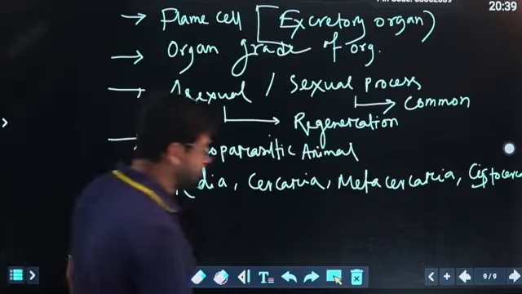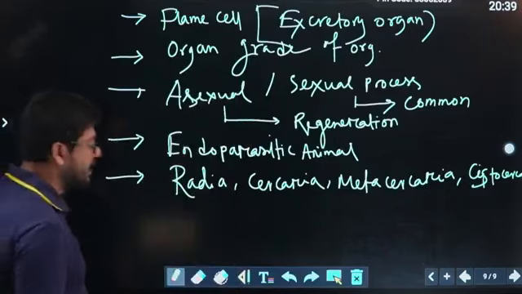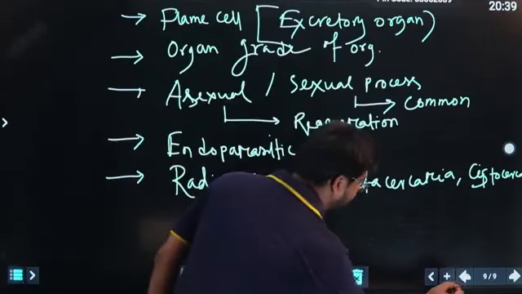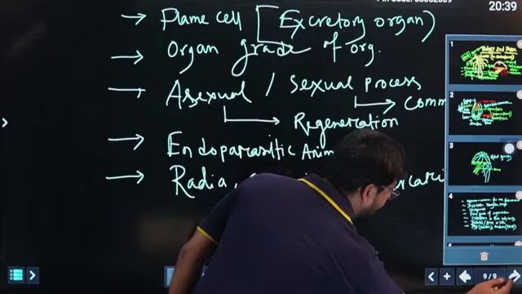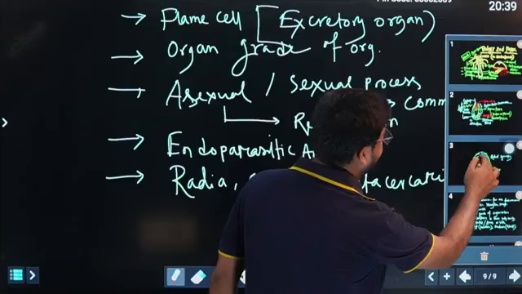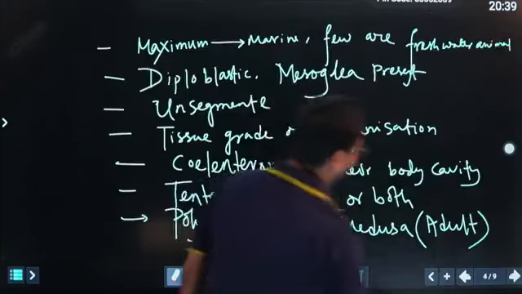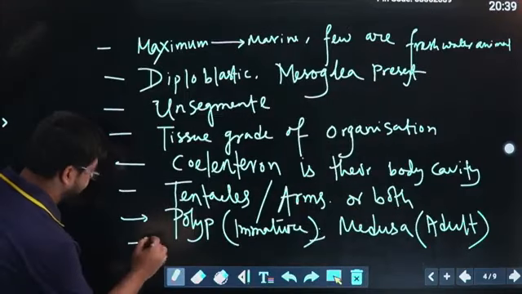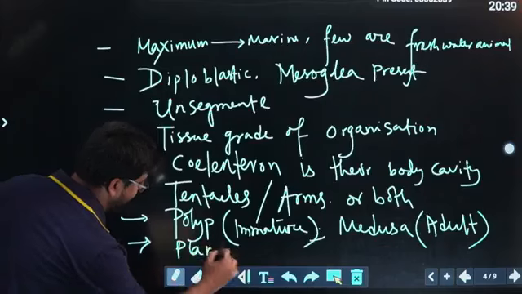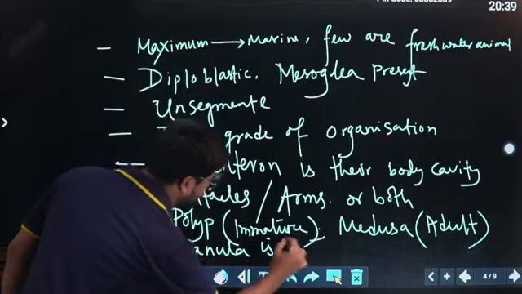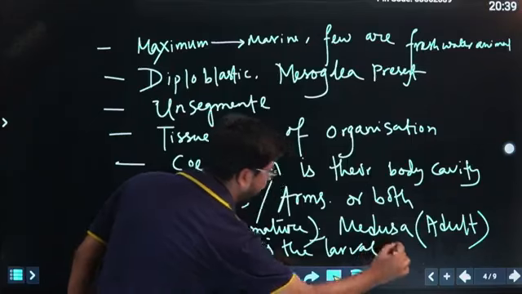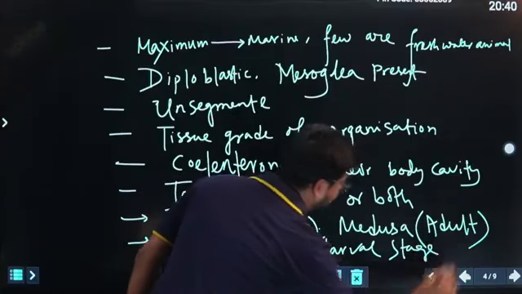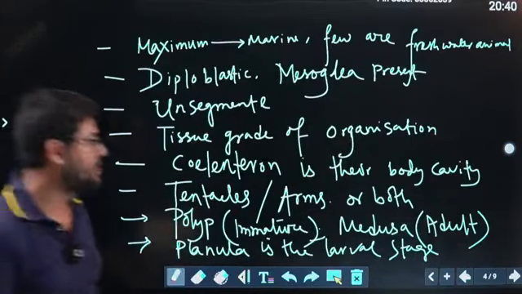You must know the name of the larva for the cnidarians too. Cnidaria have various kinds of larval stage. We must write the name of the larval stage. It is called the planula. Okay, planula is the larval stage. So this group of animals has a lot of features, a lot of characteristics.